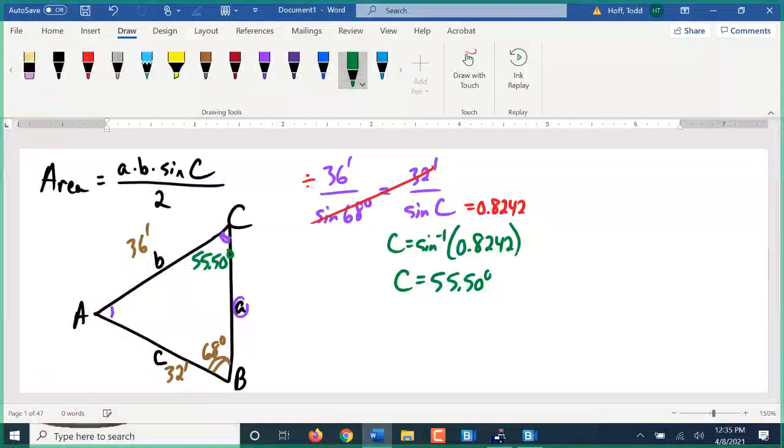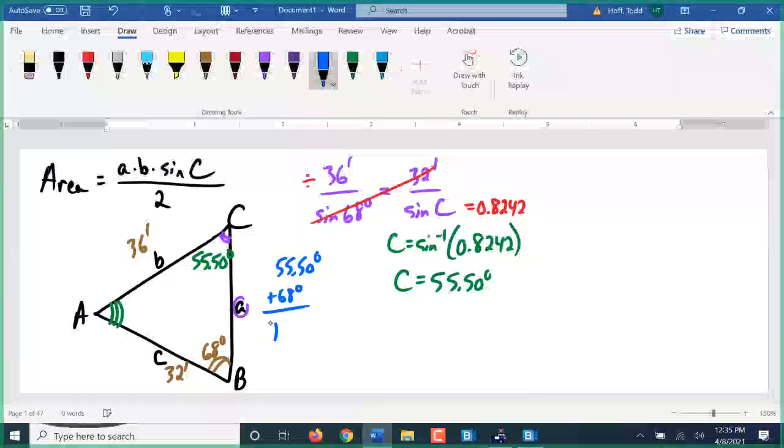Now I still do not have two sides and the angle in between them. But I can find angle A here rather easily by simply subtracting from 180. So I'm going to first add the two angles I have, 55.50 degrees plus 68 degrees, gives us 123.50 degrees.